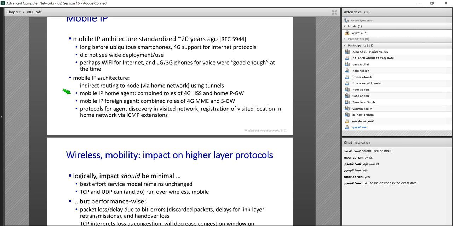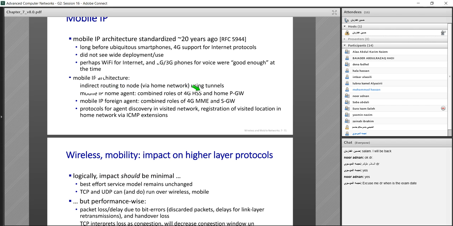When we look at the architecture of mobile IP protocols, we can see that similar terminologies have been presented in 4G technology. For example, in mobile IP we have a home agent, a router responsible for managing mobility in the home network.